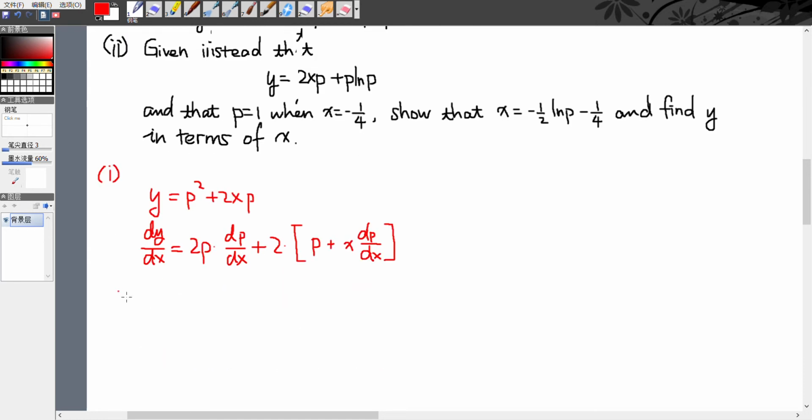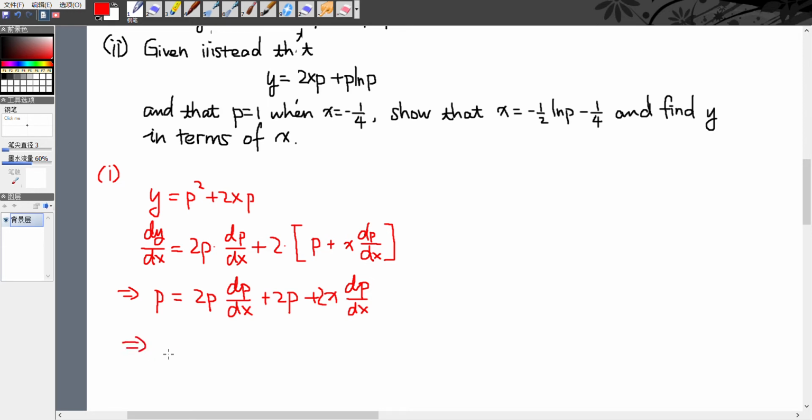And next, dy by dx is equal to p, and after we rewrite this equality, p equals 2p plus 2x times dp by dx.